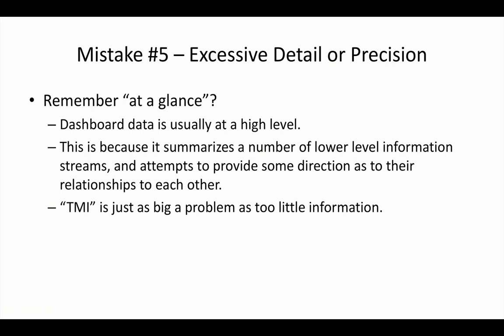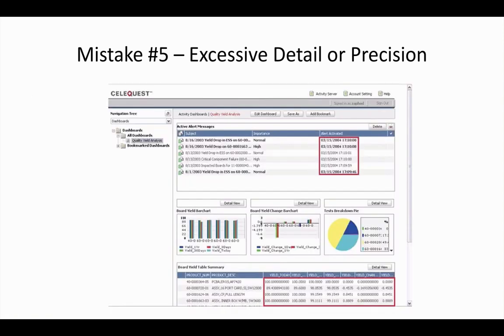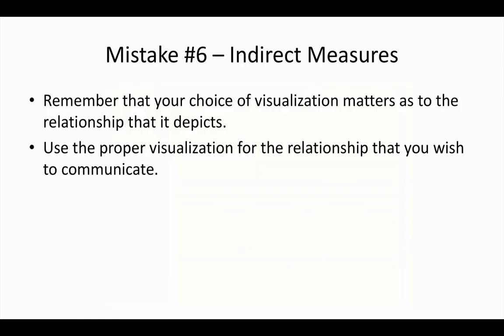Excessive detail or precision. This hurts the idea of at a glance. Dashboard data should not be precise to 6 levels of decimal places unless there's a reason that 6 levels of decimal places matter, okay? Too much information is just as big a problem as too little. And here's just an example of too much precision, right?